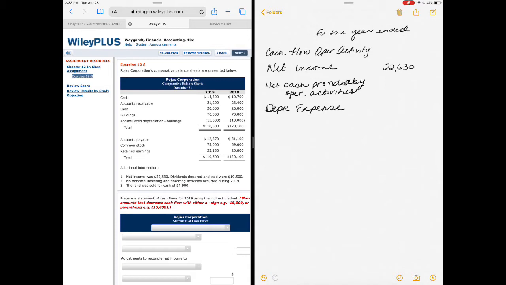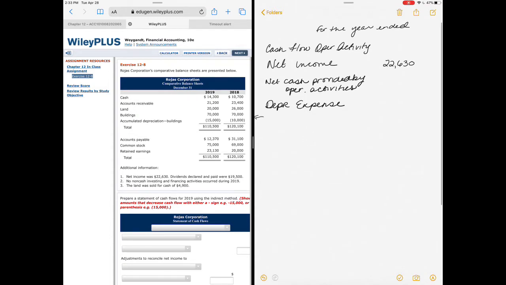So since I started with $10,000 in accumulated depreciation, that line right there, and I ended up with 15, that means I must have had $5,000 of depreciation expense during the year. So I'm going to add that back in.